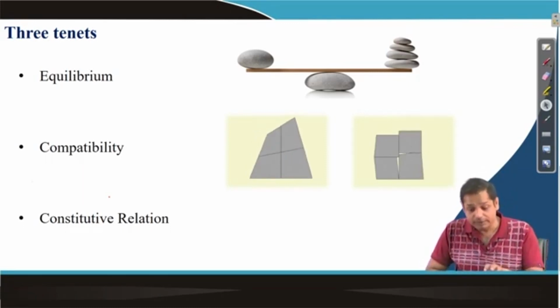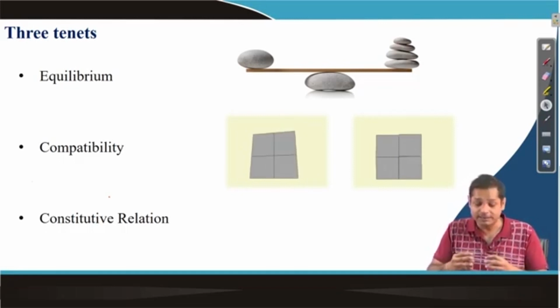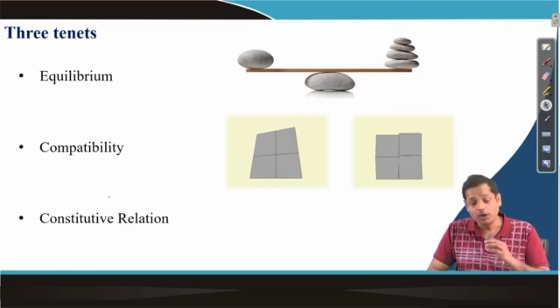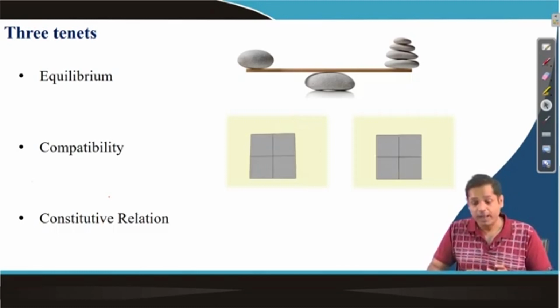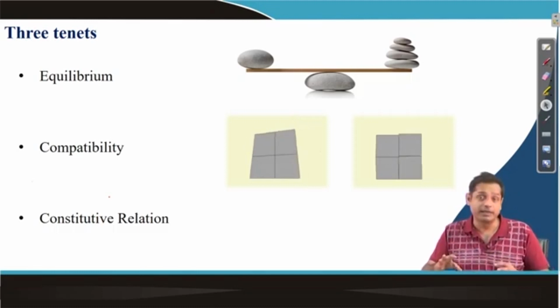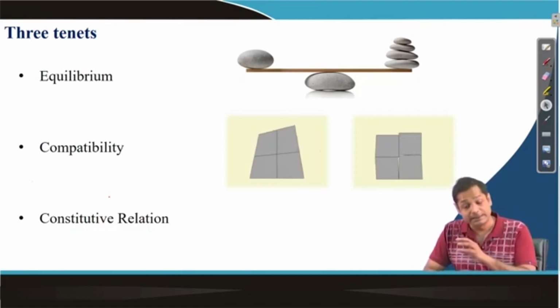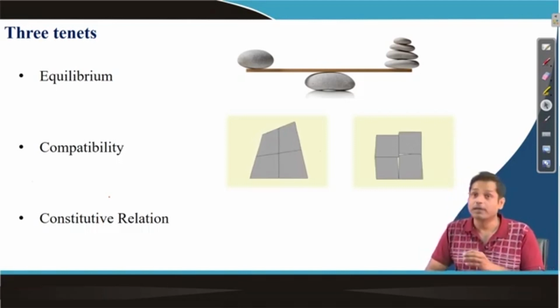The first one is an assembly of four quadrilateral elements undergoing deformation, and the deformation of one element is compatible with the deformation of another element. But in the second one, deformations are not compatible.